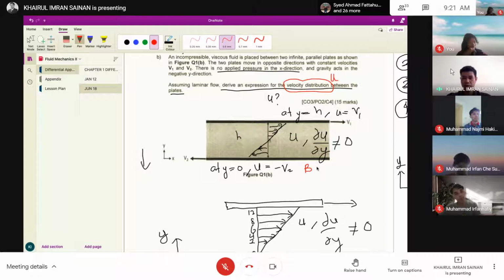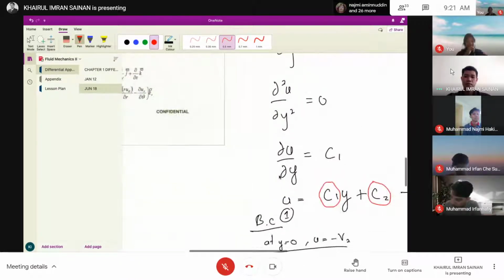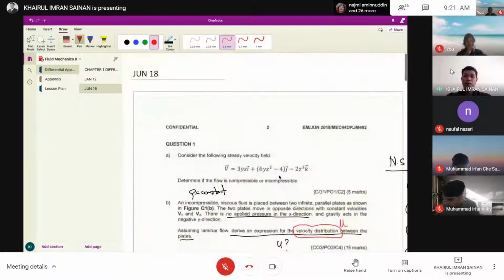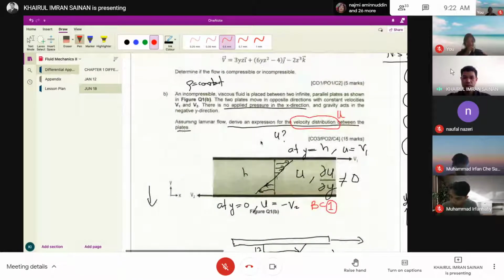Which one is BC1 and which is BC2 is up to you, but here I put this one as BC1 and this one as BC2.